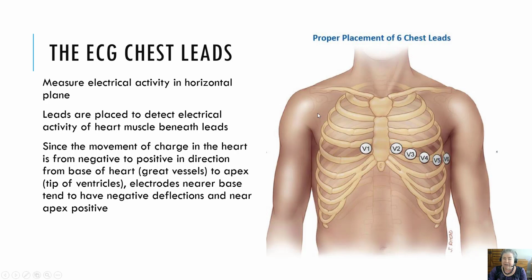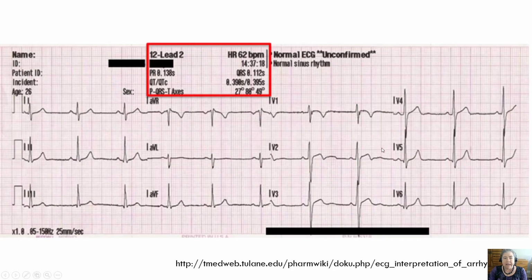So V1 and V2 are going to be a little bit more negative. And electrodes that are nearer to the apex are going to have positive deflections. Let's go back and look at that. If you look at V1 and V2, there's not as much positive charge in the QRS complex, and as you get out laterally closer to the apex, the deflections are positive, not negative.